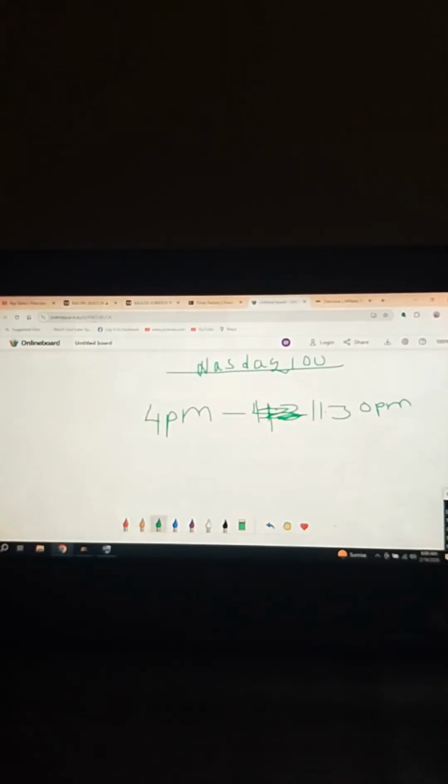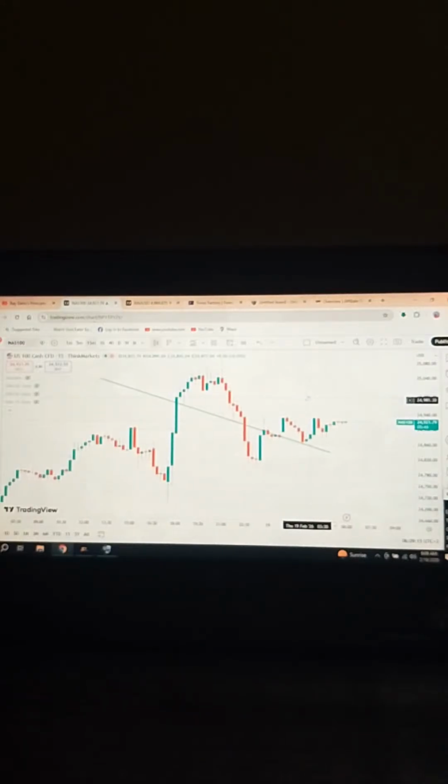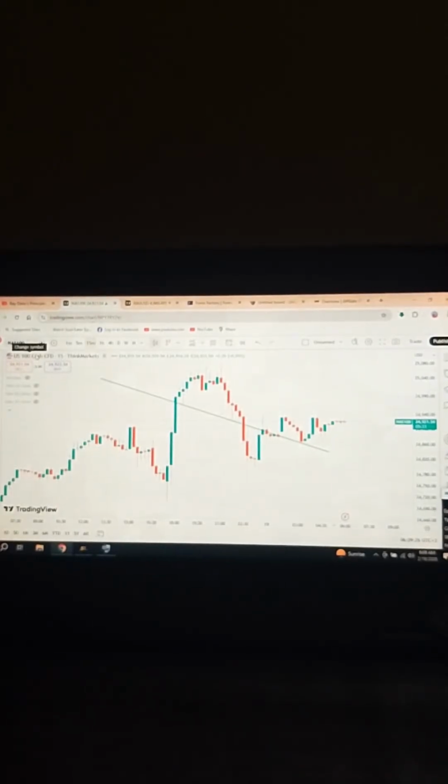So you can see I have here on my chart the Nasdaq 100. If you want to confirm it's a Nasdaq, it's written NAS 100.